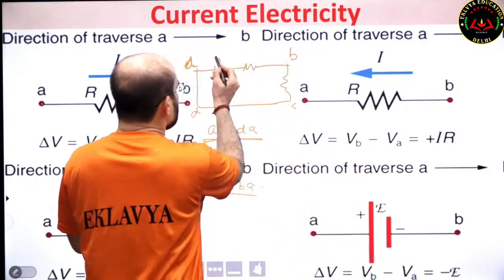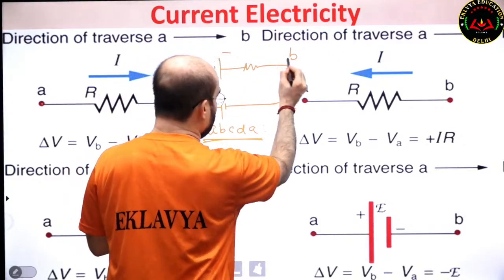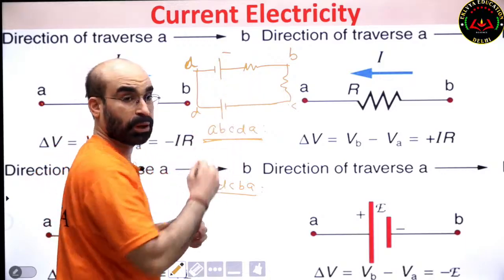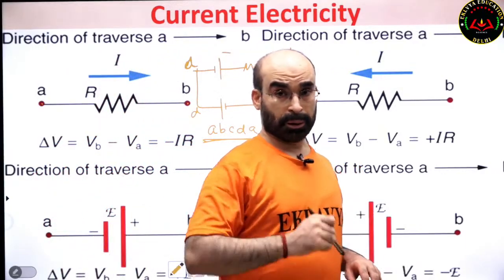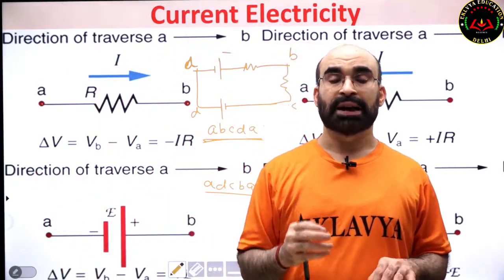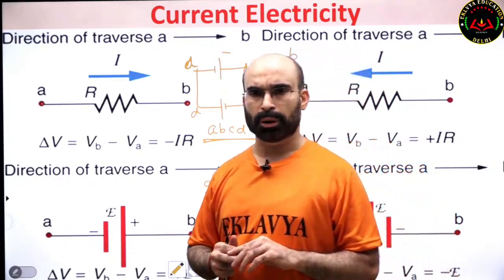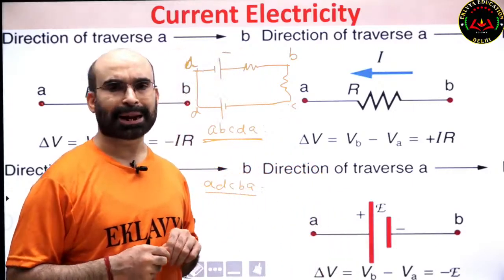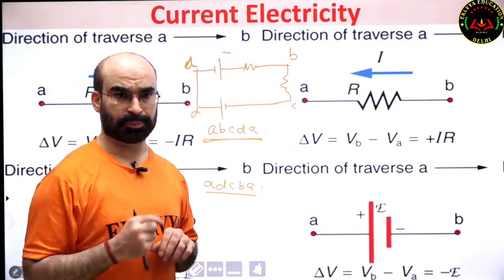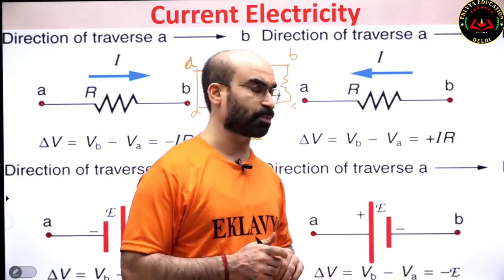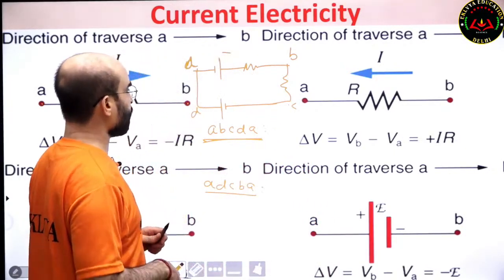So in one case you are moving from A to B, in another case you are moving from A to D to C to B to A, right? Clockwise and anti-clockwise. That is your choice. No one is going to ask you why you used that one, why you have taken that path. So that is your choice. You may choose as per your convenience, whatever, right?